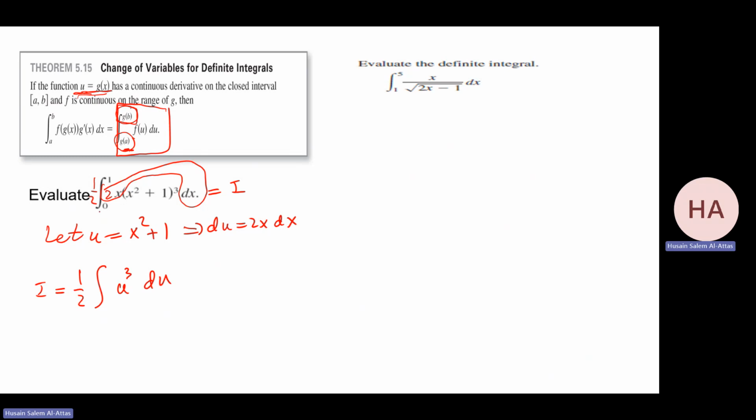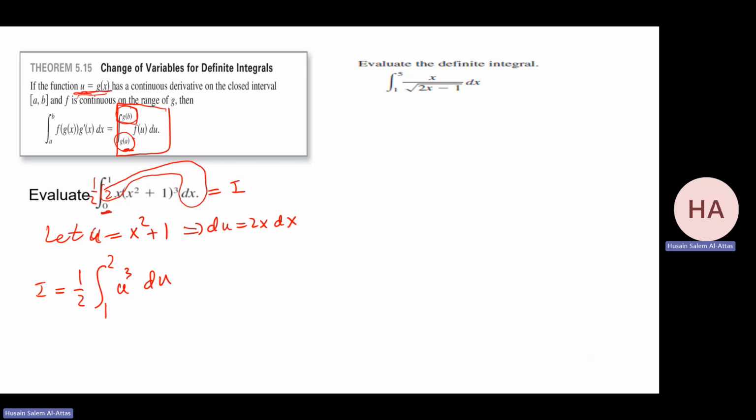Be careful about the limits now. Now I will change this limit from x to u. So if x equals 0, 0 plus 1, that will be 1. If x equals 1, 1 plus 1, that will be 2. So that will be my new limits.